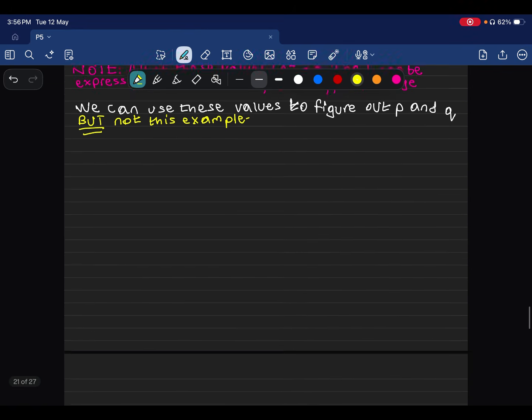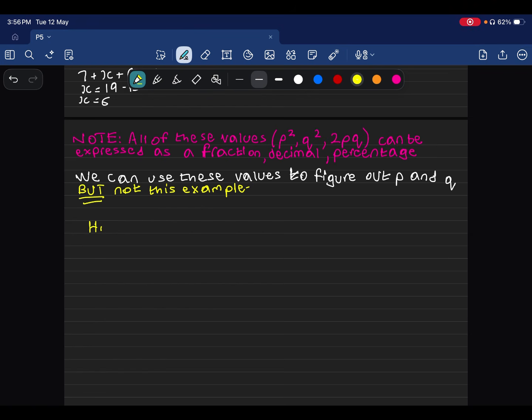The Hardy-Weinberg equation works, Hardy-Weinberg, the two people who discovered these two sets of equations. This works when you have a really, really big population, let's say 2000 organisms or 2500 organisms, or even if you're looking at a minimum, it works when you could say the population is greater than or equal to 50.